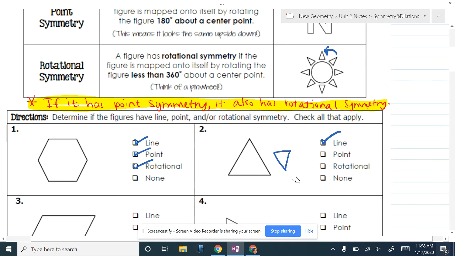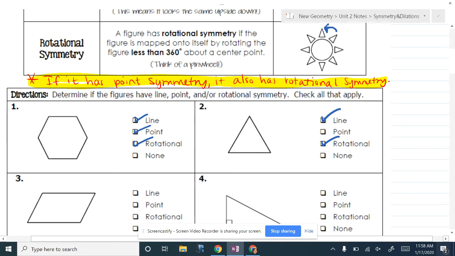So point symmetry means it looks exactly in the same orientation when it's upside down. However, if I take it and rotate it just a little bit that way, I do match up to the original figure. So therefore, we do have rotational. So you can have rotational symmetry without having point symmetry, but you cannot have point symmetry without having rotational.